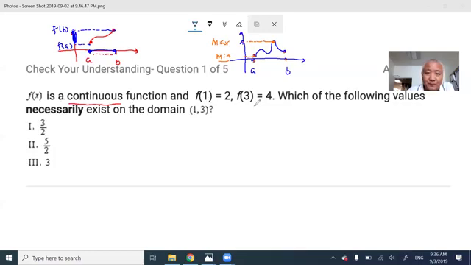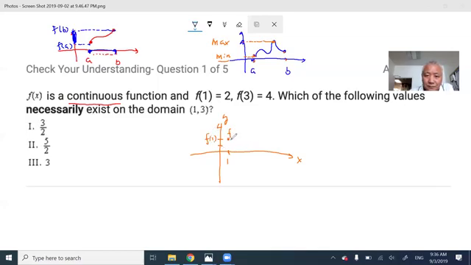For example, f(x) is continuous. I just graphed it here. I actually don't need the graph, but I graph it so you can visualize this one, okay? So x equals 1, y equals 2. This is a 2 here, that's this point. So this is f(1), okay?